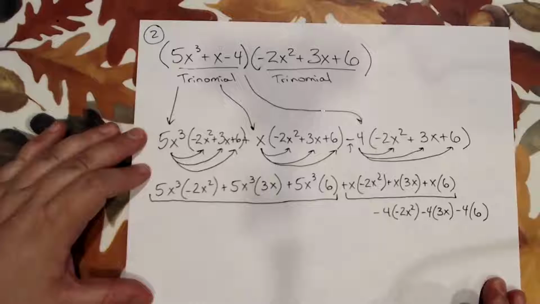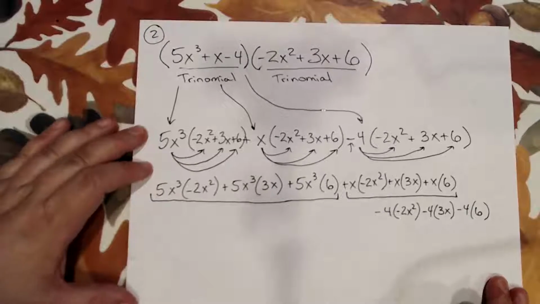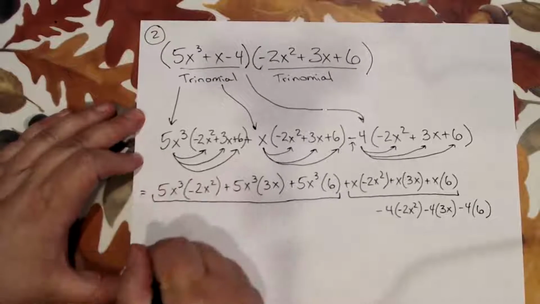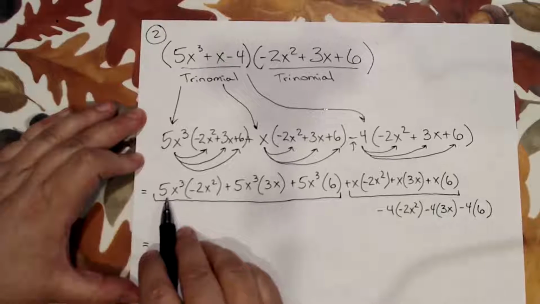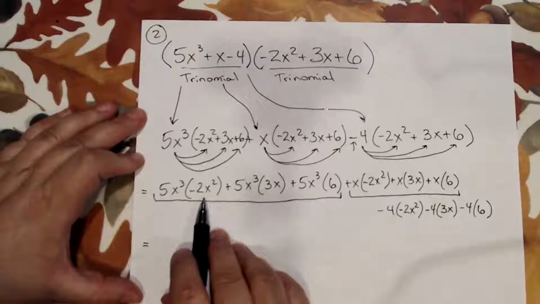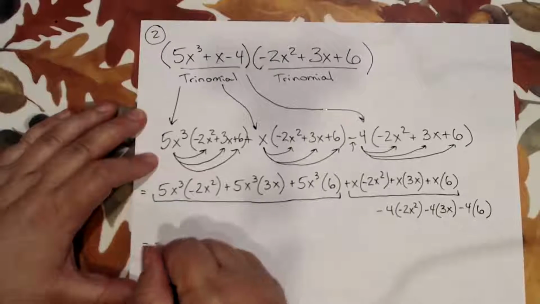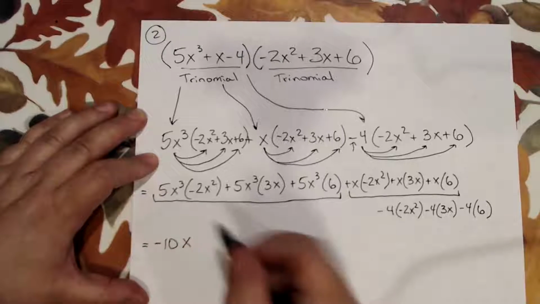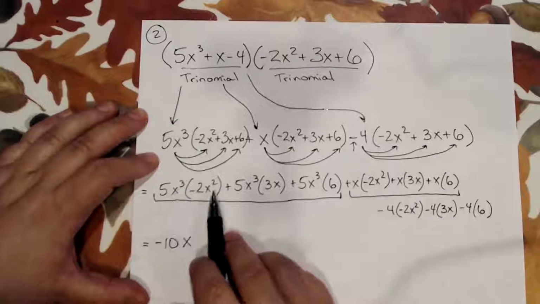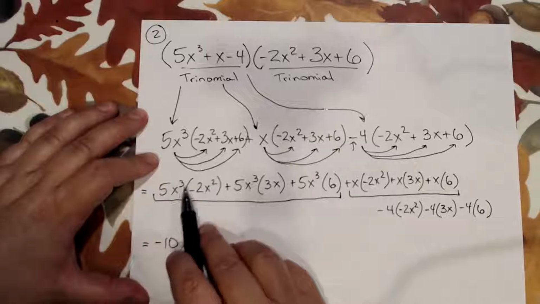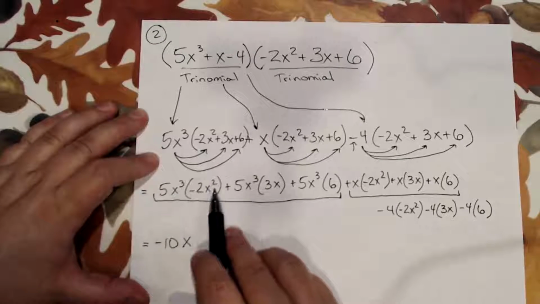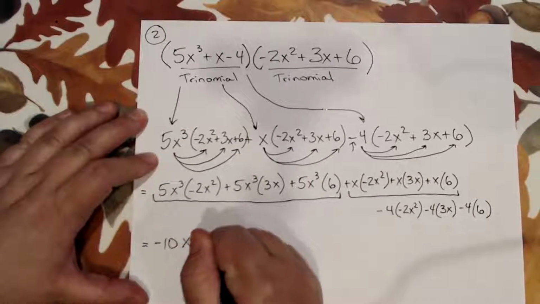Next up, I'm going to go ahead and clean this up. So first term, 5x cubed times the opposite of 2x squared. That's going to give me -10x to the fifth. And remember, if I've got x cubed times x squared, I add the exponents. So 3 plus 2 is 5.